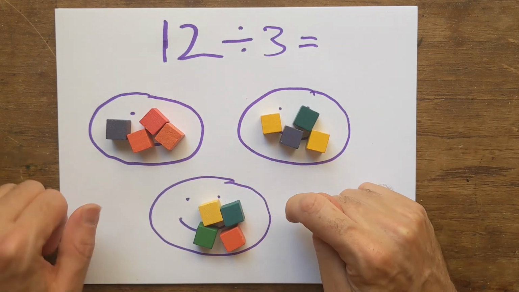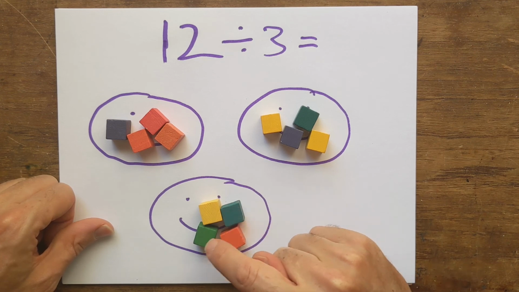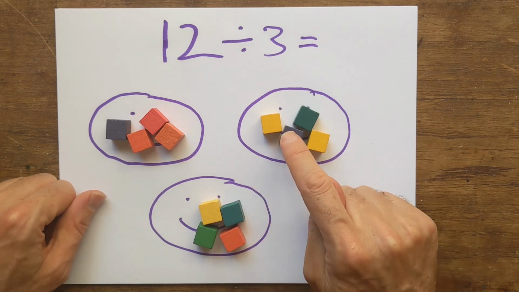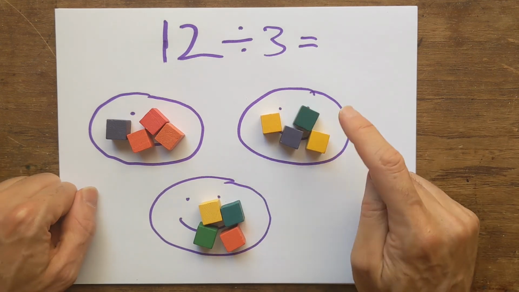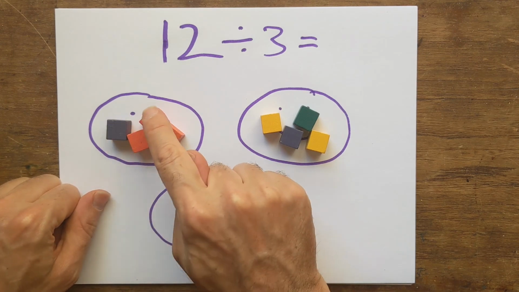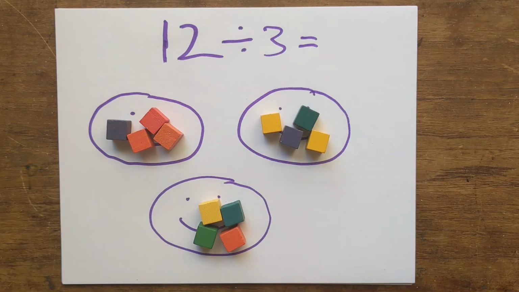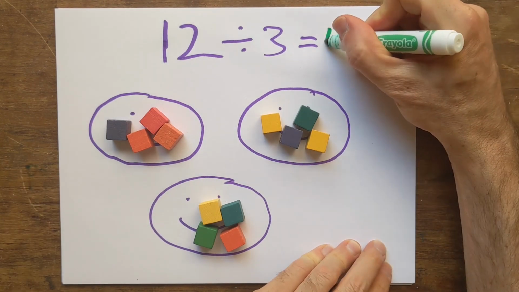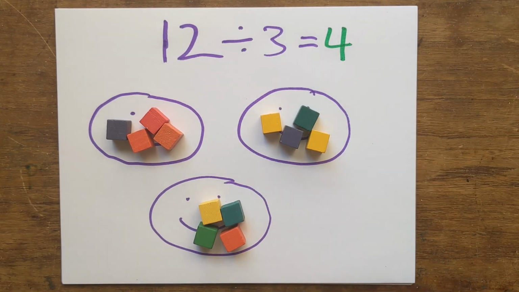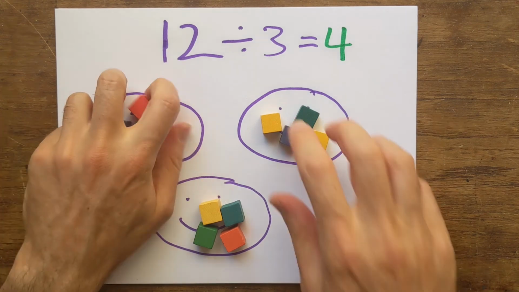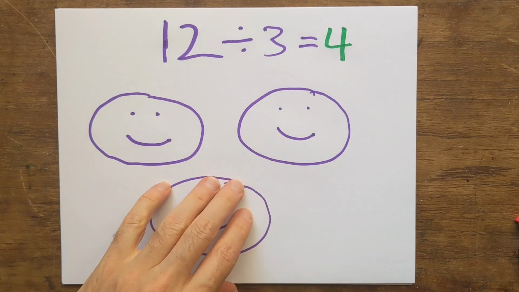Let's count how many one of them has. 1, 2, 3, 4. Let's check to make sure with the other ones. 1, 2, 3, 4. And this one. 1, 2, 3, 4. So 12 crackers divided by 3 people is 4 crackers for each person. That's it. Let's do a couple more.